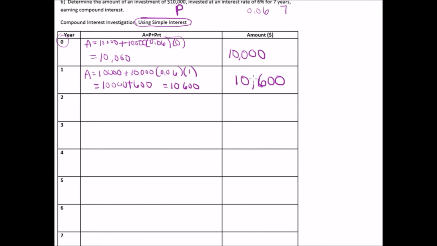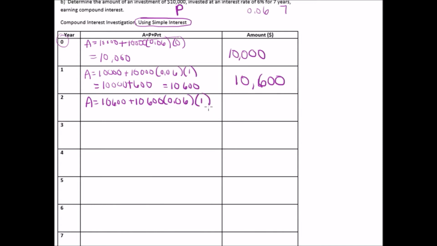Okay, what we're going to do now is we're going to actually start with this 10,600 at the beginning of year 2. So what this is showing us is the amount of money that we're going to make if this is compounded.